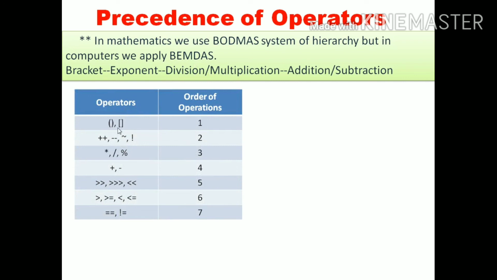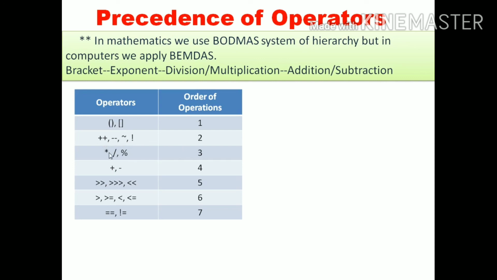Okay, first brackets, the separators. First you have to use separators, then array signs, then prefix, not the prefix, that is unary operators: unary plus, plus plus, unary minus, minus minus, complement, not. That is the second precedence.